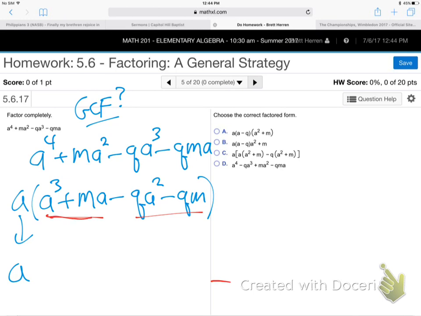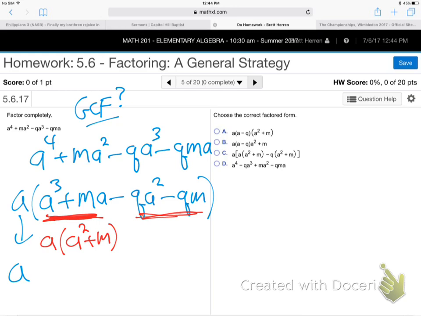Okay, so what goes into the first 2? What do the first 2 here have in common? A. I'll just do it right here. A, and leaves A squared plus M. We good for the first 2 there? Everybody good with those 2? And then the back 2. Now, I'm doing a 2-2 split.